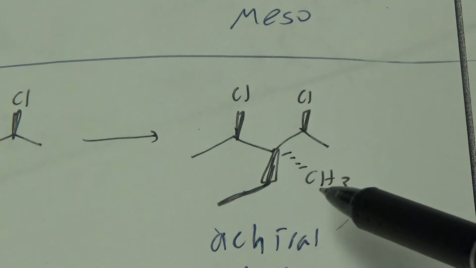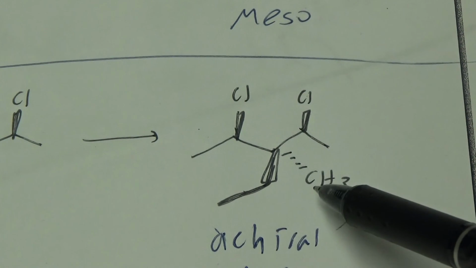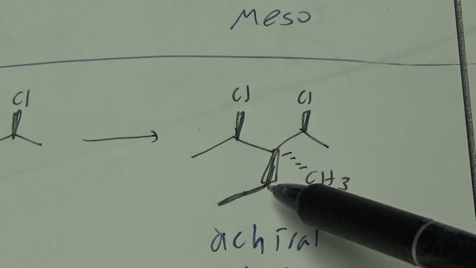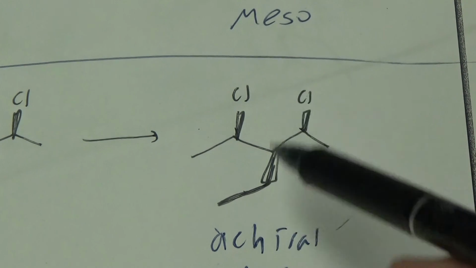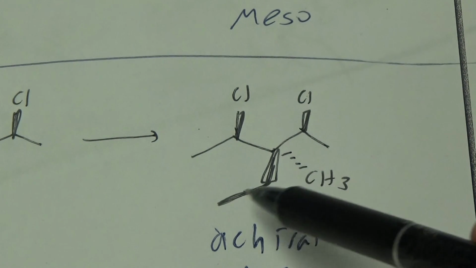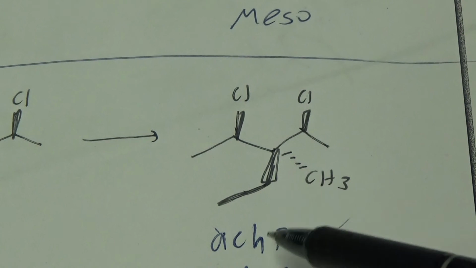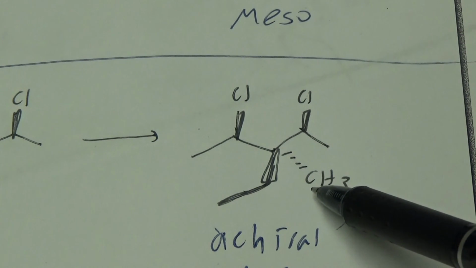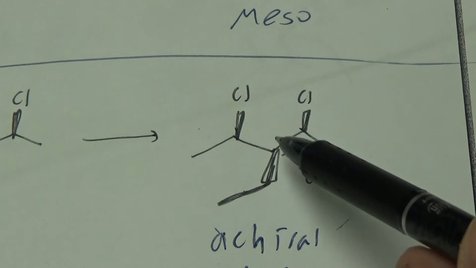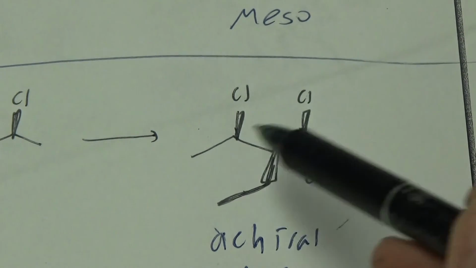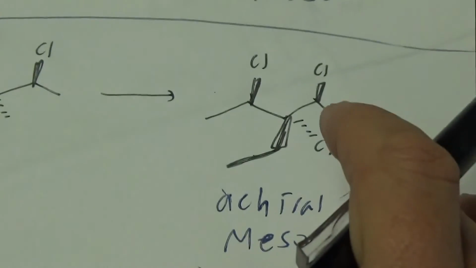So the thing is, this goes back to the idea that this carbon's going straight back, this ethyl group is coming straight towards us. The plane of symmetry slices right through the ethyl group, and you know this CH3 is all over the place. It can be straight back towards us, and this CH3 is going straight back. So we are slicing through the ethyl group and through the methyl group. Left mirrors right. Plane of symmetry is achiral meso.